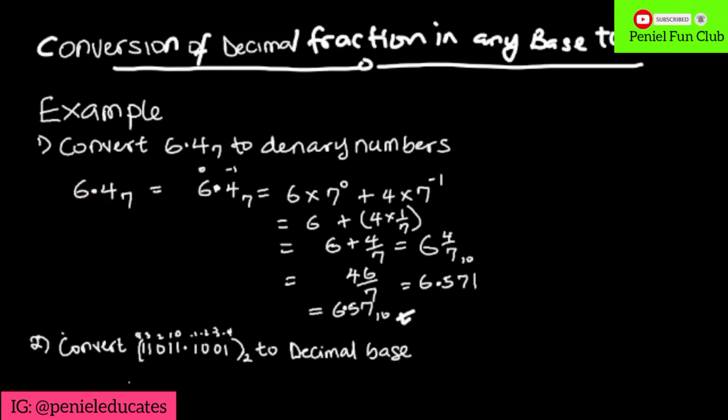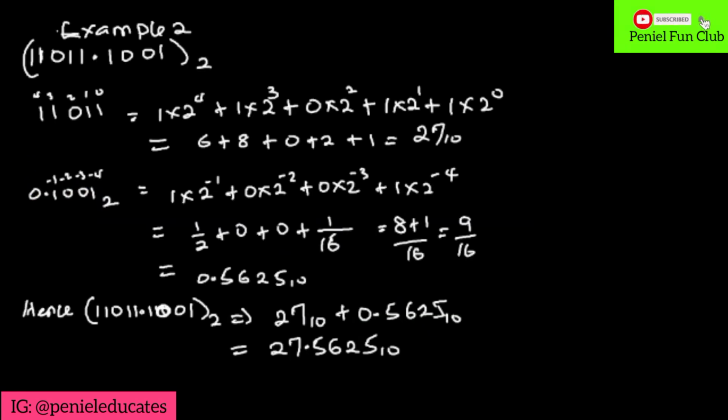So let us look at other ones. For example, when you want to convert this type to base 10, which also has a decimal point, what do we do? We have 11011.1001.